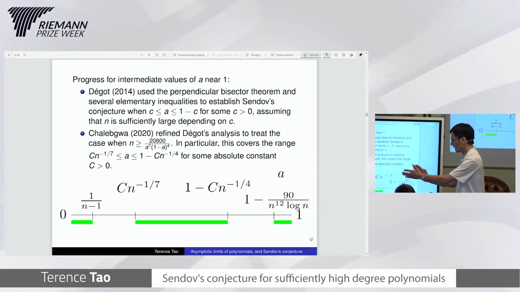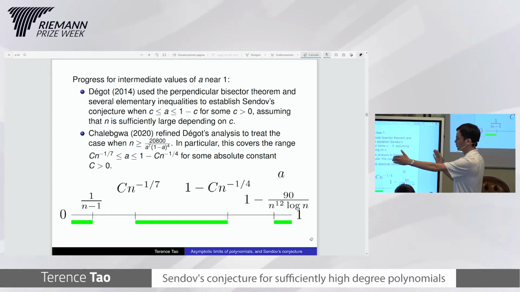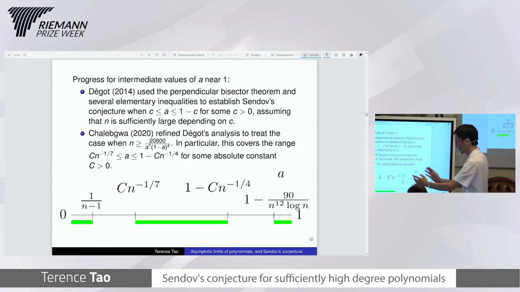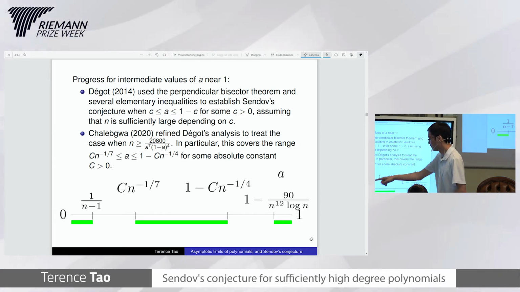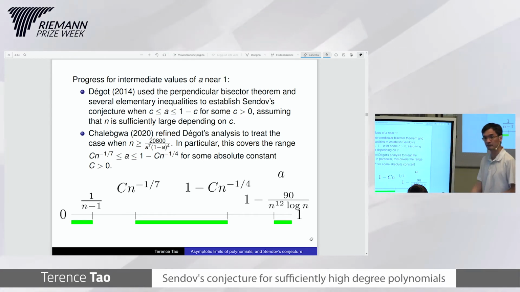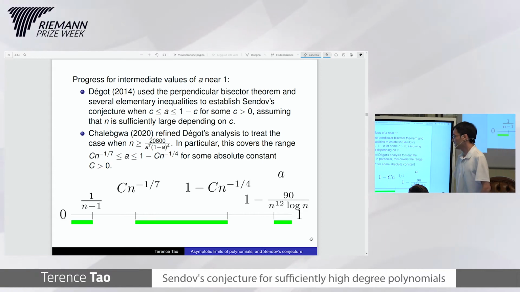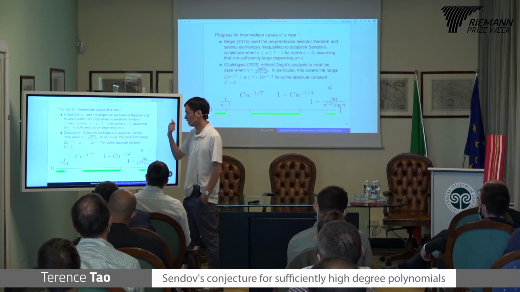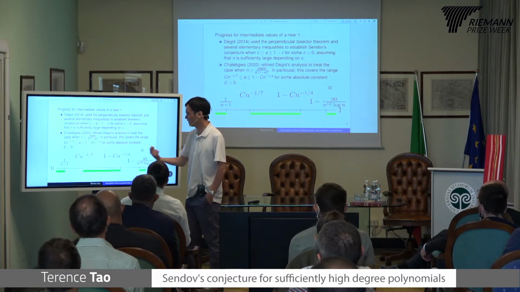So as n gets bigger, this interval stretches towards 0 and 1, and that's why, as long as a is bounded between 0 and 1, eventually a will fall inside this interval as n is big enough. So the conjecture was proven, for n big enough, near 0, near 1, and also between 0 and 1.